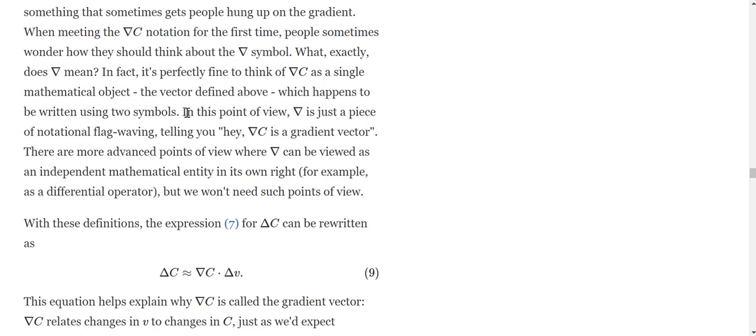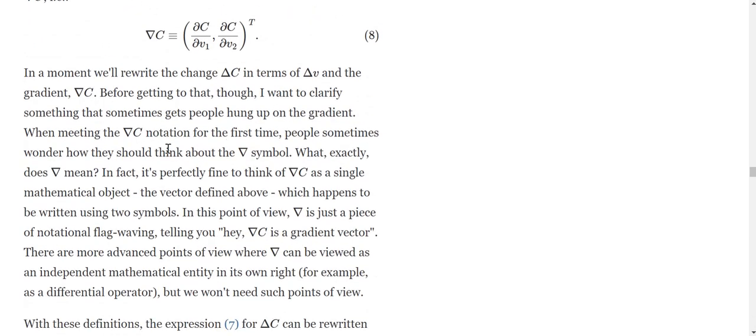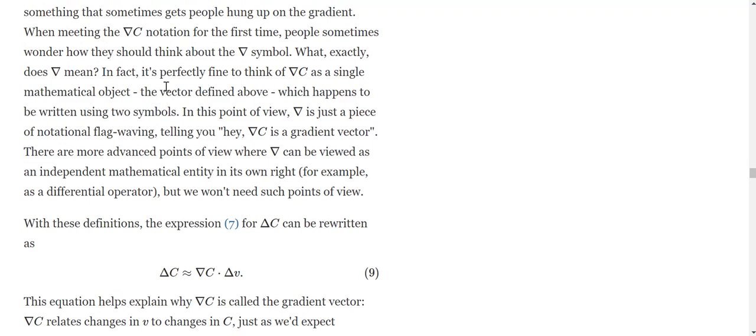In this point of view, the gradient symbol is just notational flag waving, telling you, hey, gradient C is a gradient vector. There are more advanced points of view where the gradient can be viewed as an independent mathematical entity in its own right, for example, as a differential operator, but we won't need such points of view. So this one was, I believe, pretty self-explanatory.